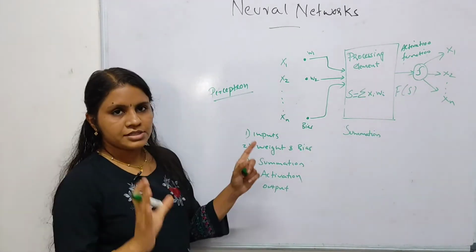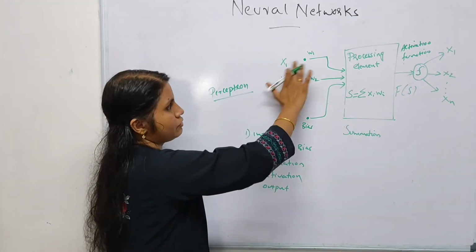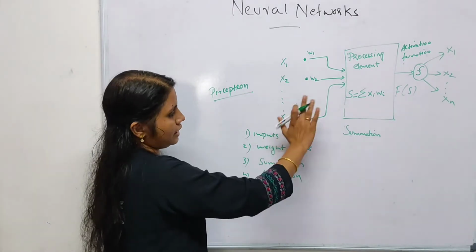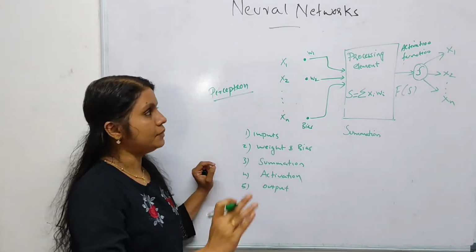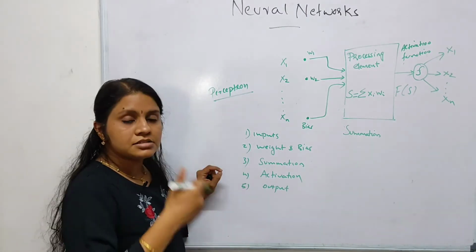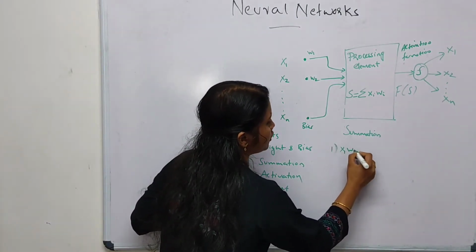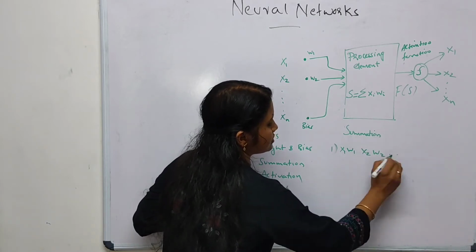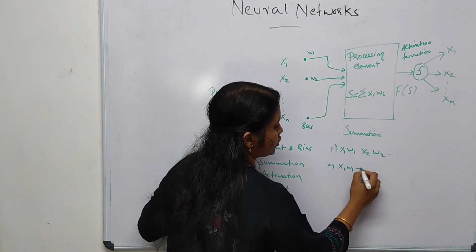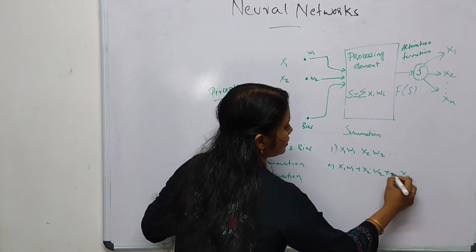The first step is that the input is multiplied with the weights, that is x1 w1 plus x2 w2, and likewise. In the second step, these products are fed into the summation function, where they get added: x1 w1 plus x2 w2 plus, up to xn wn.